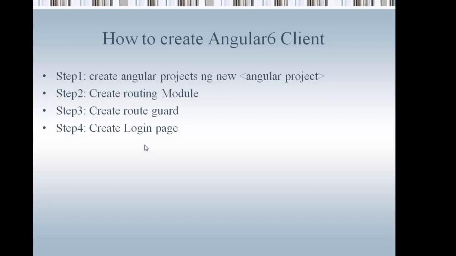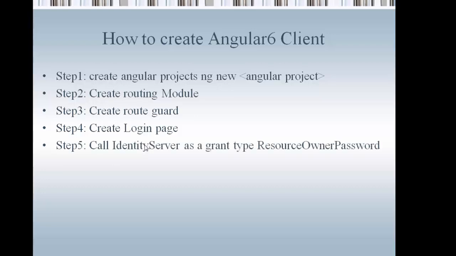Then we will create a login page, because we will provide the user information like the user ID and password and send it to Identity Server 4 for validating that user against the database and sending the token to the user. And in the login component we will create a method.